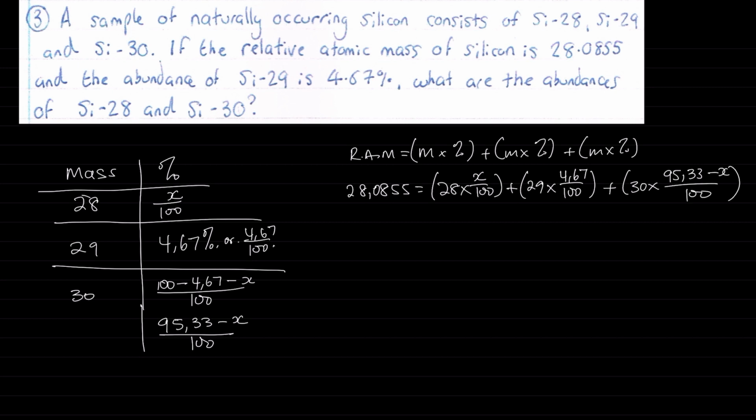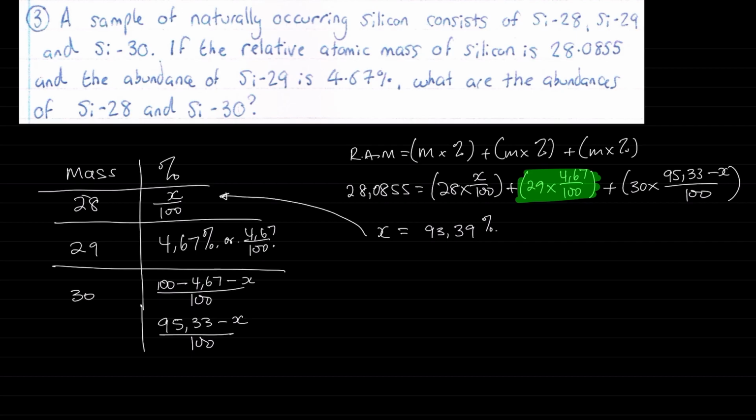And now this has no variables in it, so we can simplify this. And once we simplify it, we can take it across and then solve for x. And then when we do solve for x, we're going to get that x is equal to 93.39%. So that goes with that one.